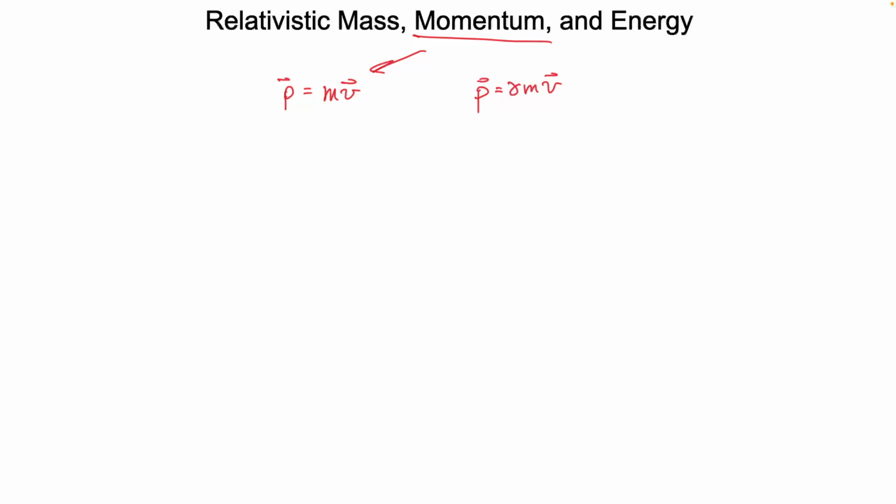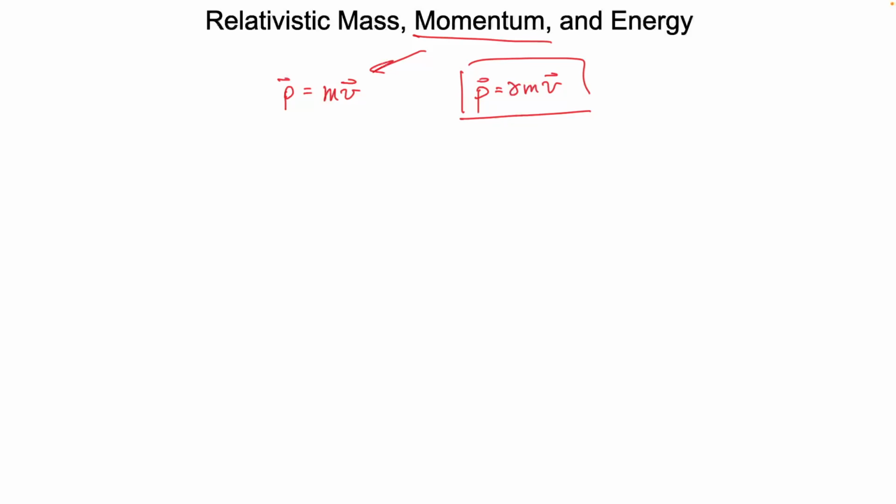Again, kind of being weird about u or v. v is the relative speed between frames. So if we're watching something go by, that's the relative speed. Let's just call it v. That's the relativistic momentum. We're going to deal with this for the rest of the semester, but don't worry. I'll prepare your minds for when it comes back around.